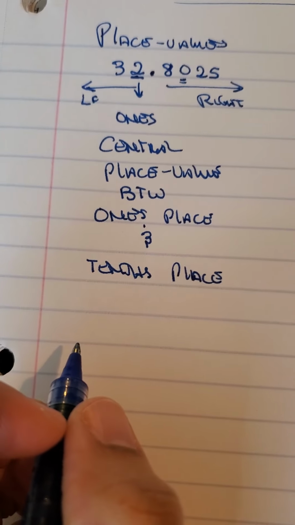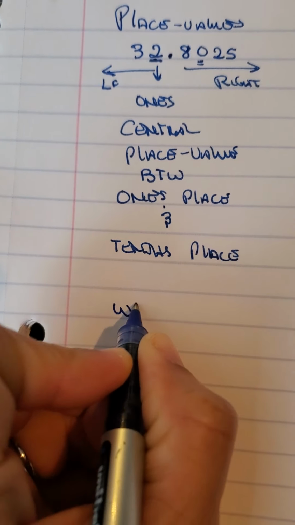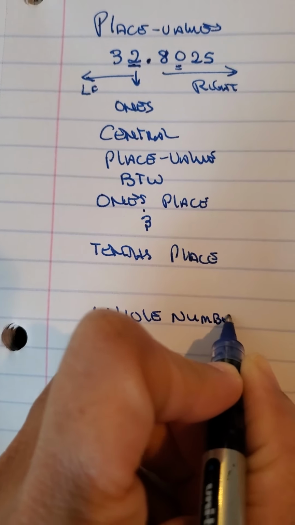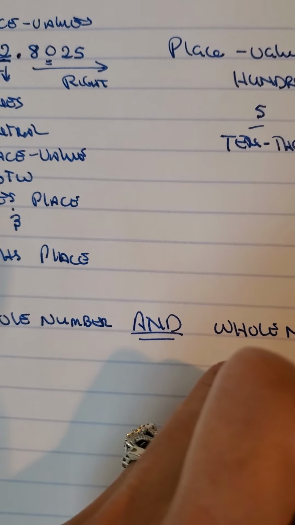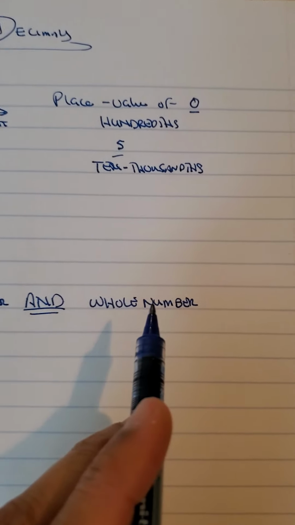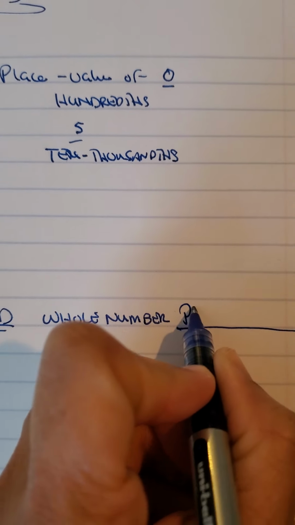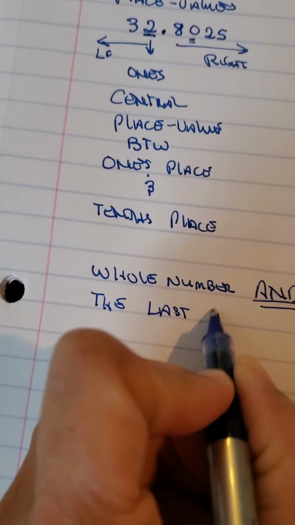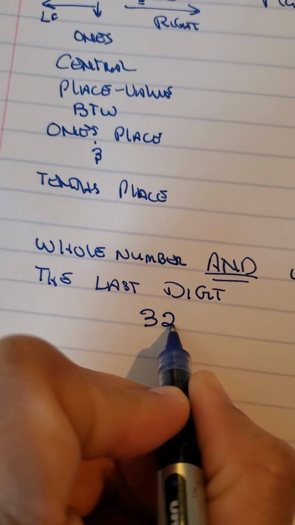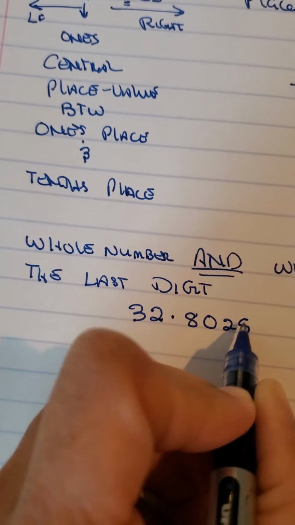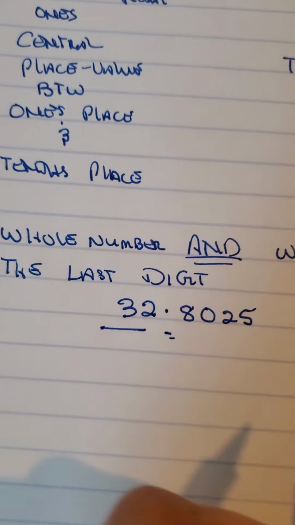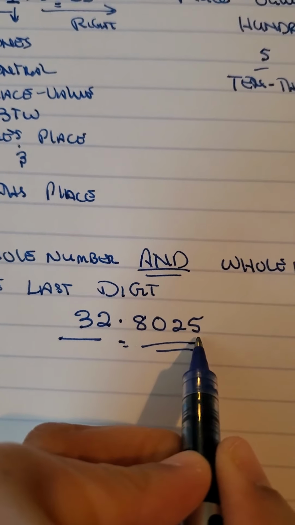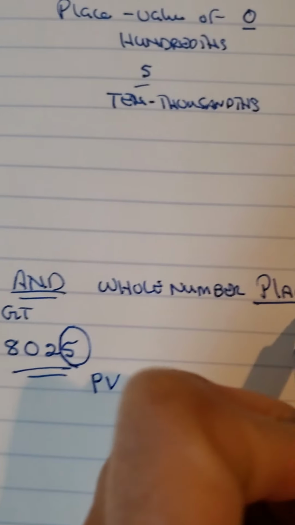I give you a formula-based type thing where you write the whole number, then "and" for the decimal point, then the whole number after the point, and then at the end the place value of the last digit. I'm going to call it PV for place value. So I want to write 32.8025 in layman's language, which is actually the proper way we'll say it.